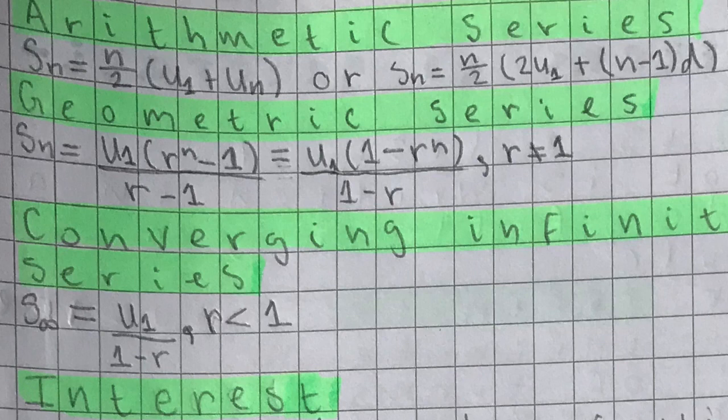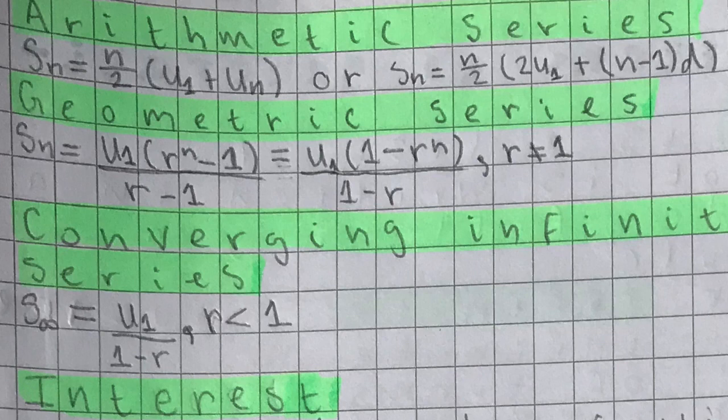So then these formulas were derived, which are Sn equals the first term times the common ratio to the power of n minus 1, divided by r minus 1.